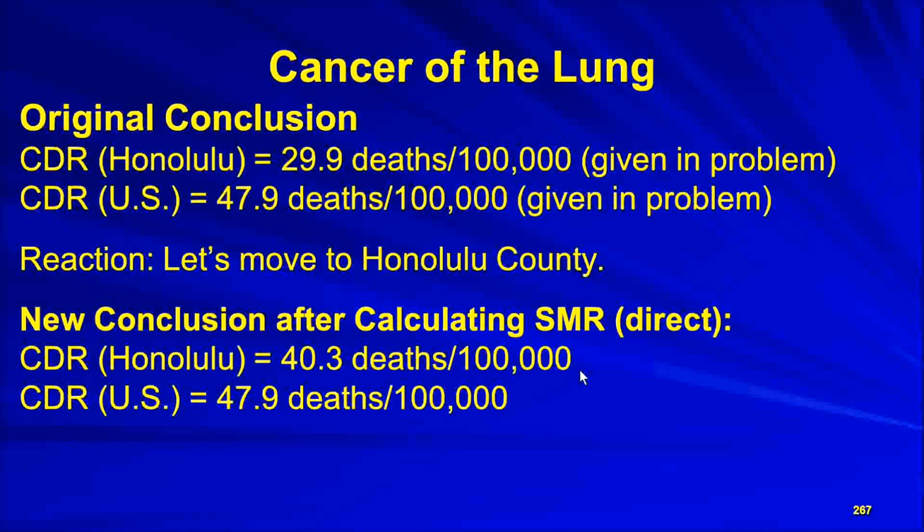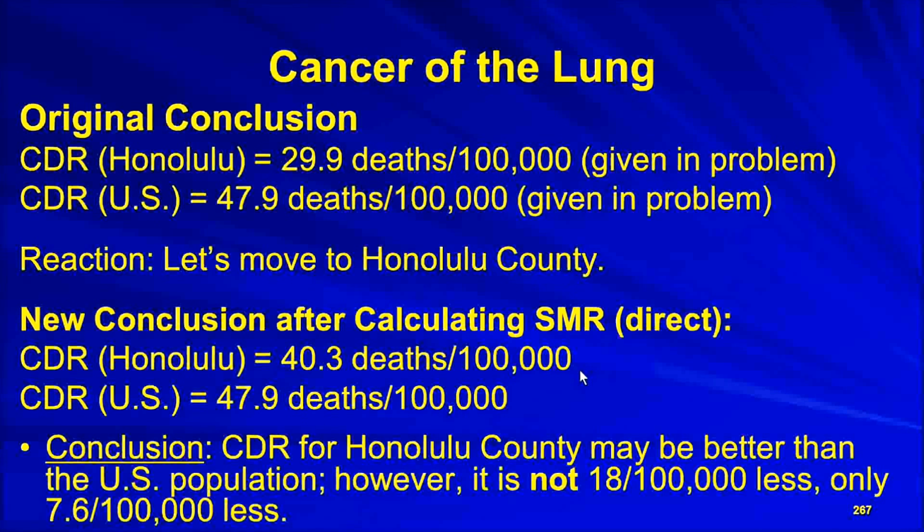So it's not 47.9 deaths per 100,000 as reported for the U.S., and it's not 29.9. So what we're going to conclude here is the crude death rate, or the SMR, for Honolulu County may be better than the U.S. population, right? Maybe better. 40.3 is better than 47.9. However, it's not 18 points less when you subtract these. It's only 7.6 when you subtract these.